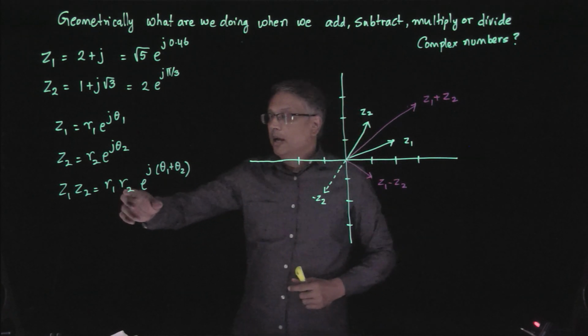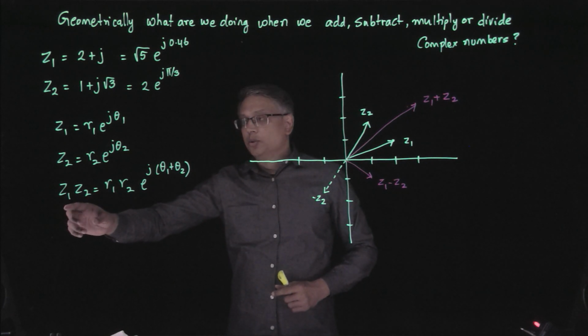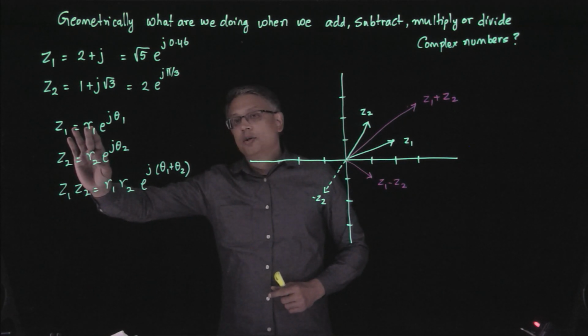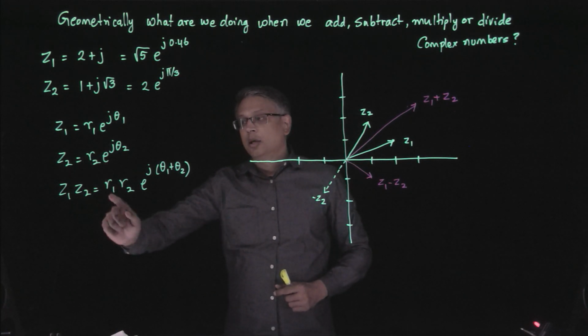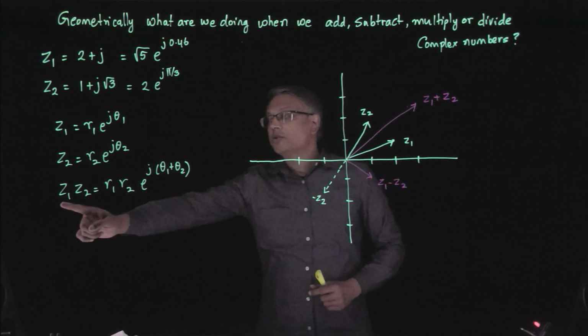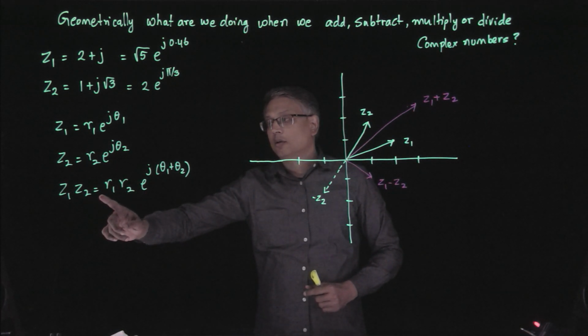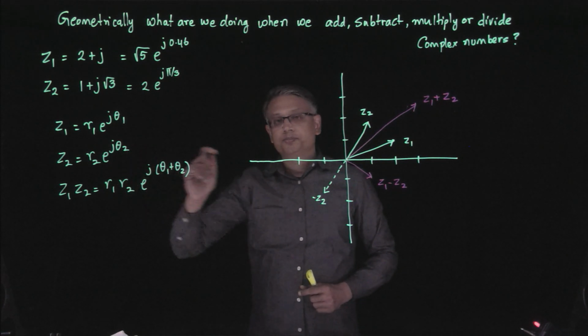So if you think about that, what's happening is this. To compute z1 times z2, you take the magnitude of z1, multiply that by the magnitude of z2, and that becomes the magnitude of z1 times z2. Now the phase of z1 times z2, or the angle of z1 times z2, is the sum of the two angles.